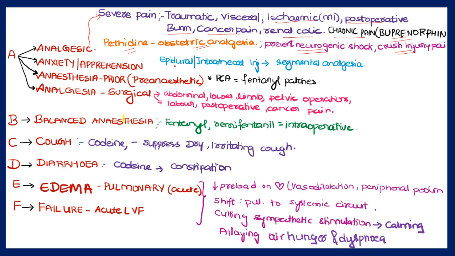It can also be used epidurally as well as by intrathecal injection to produce segmental anesthesia. PCA stands for patient controlled analgesia. What do you understand by patient controlled analgesia?